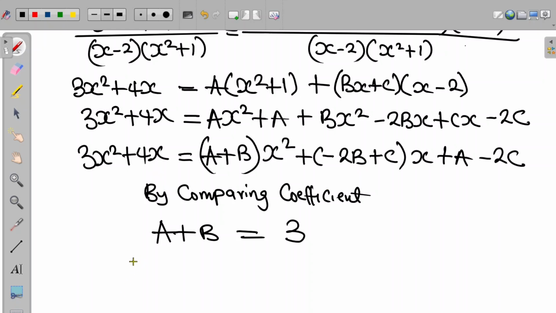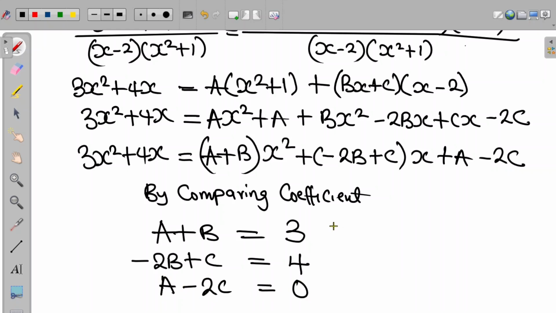So minus 2b plus c is equal to 4. Now, on the left-hand side there is no constant term. So a minus 2c is equal to 0. Let's call these equation 1, equation 2, and equation 3. Now, we have to obtain the values of a, b, and c by solving equations 1, 2, and 3 simultaneously.